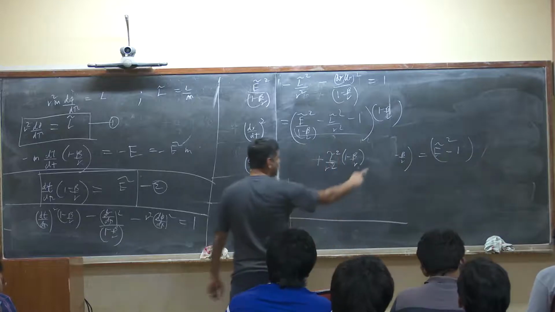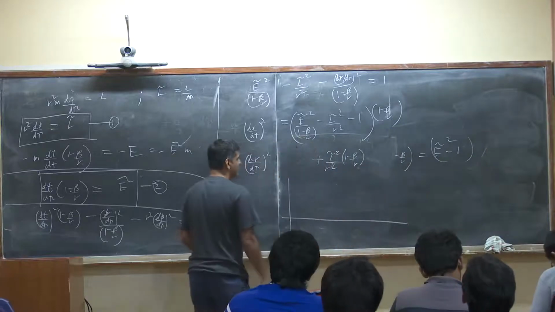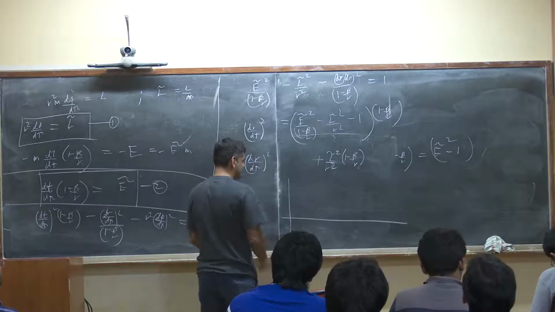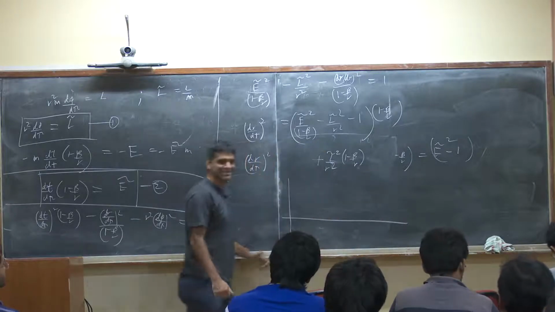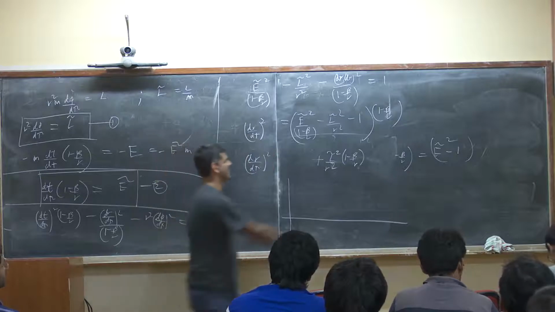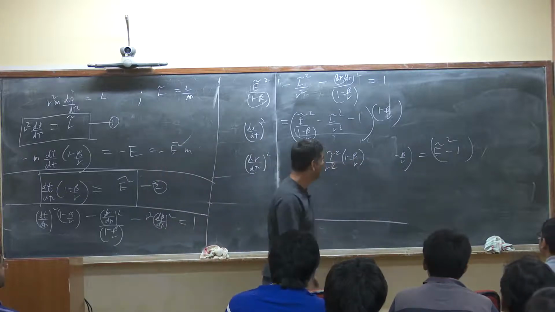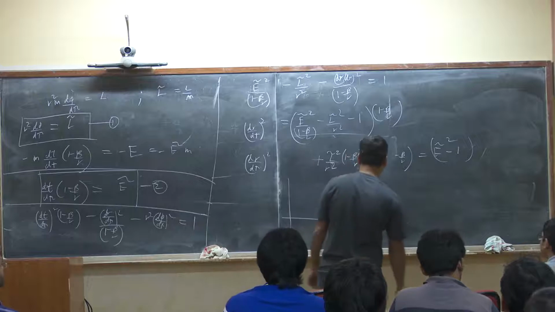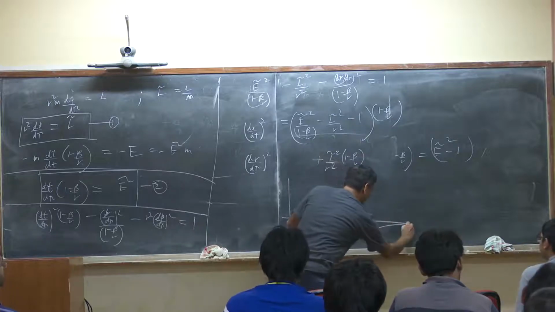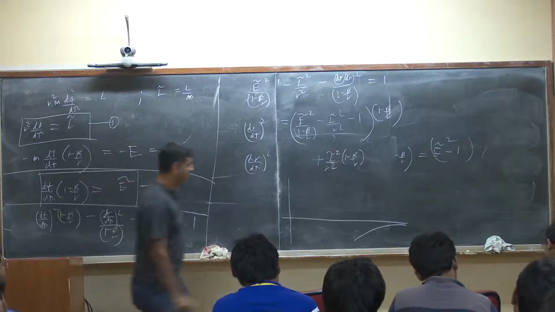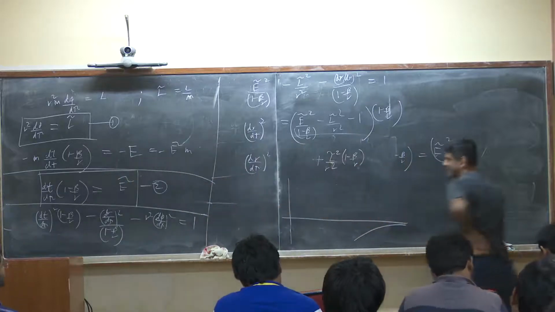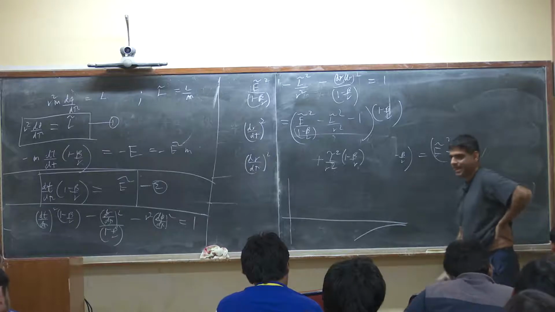So the first thing I do is I look at this potential and I see that far away, which term dominates? Minus beta by r, yeah. The mass. Very, very Newtonian, right? Okay. So this is always true.